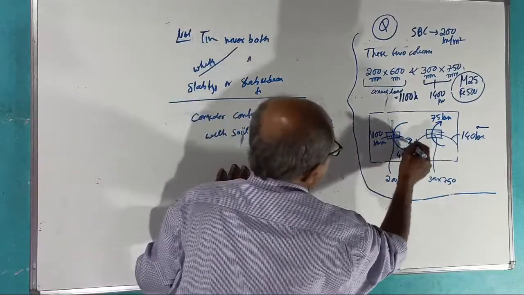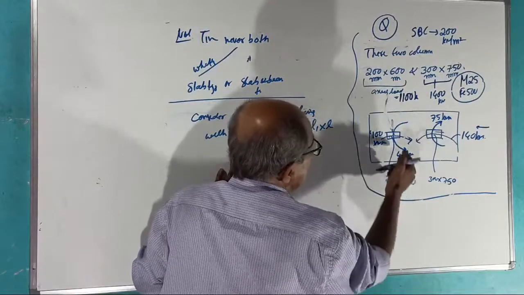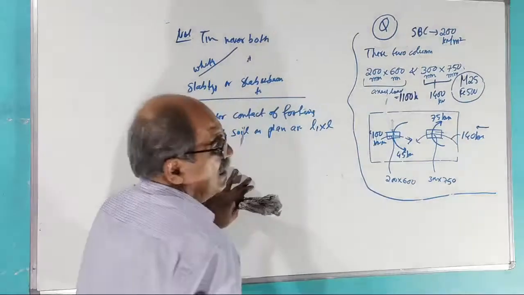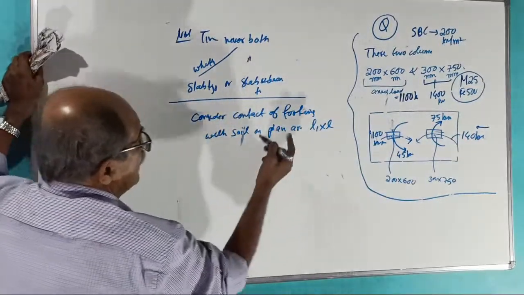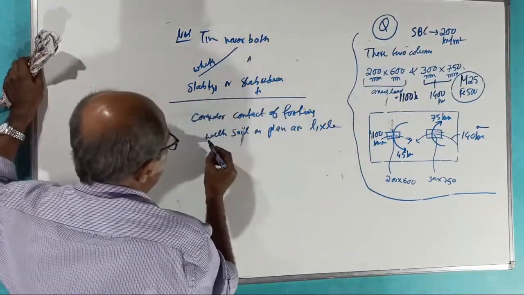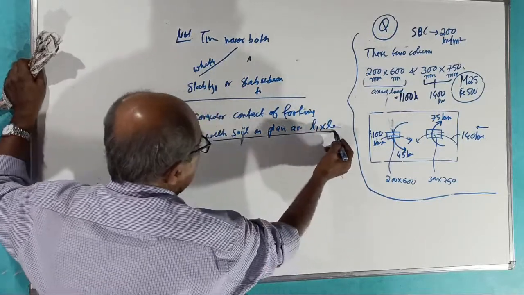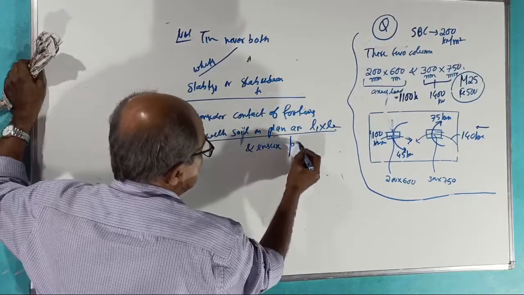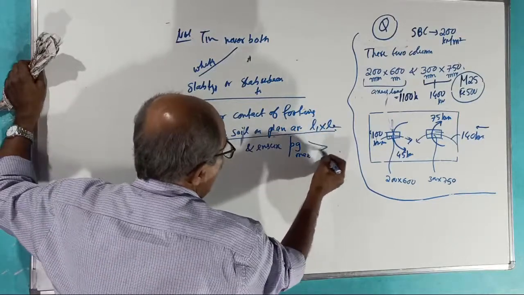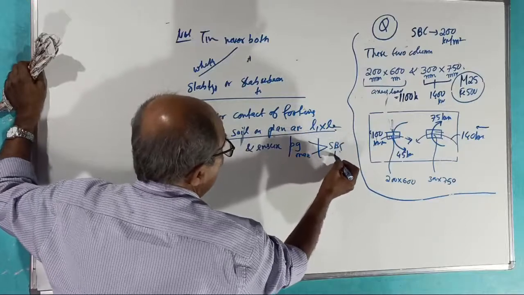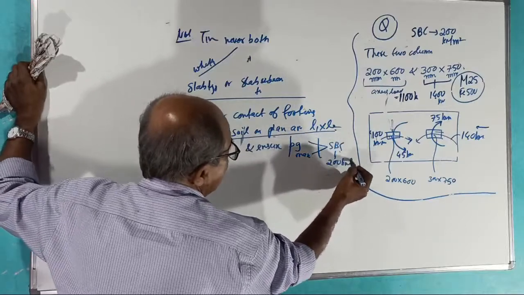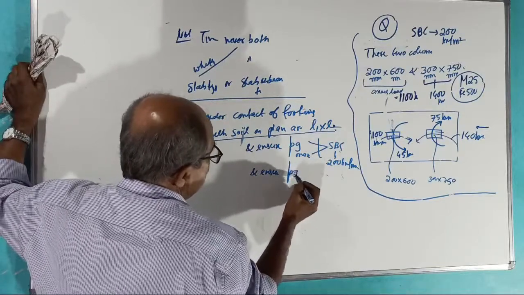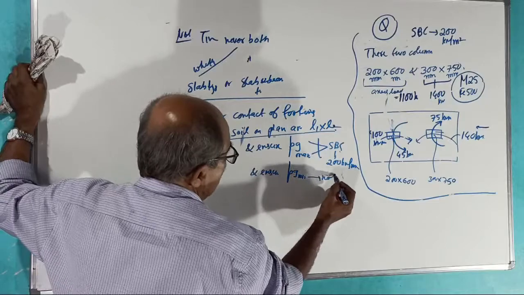I write here now, this is a plan actually. You cannot show moment this way. If you want a 3D view of moment, I will show it here a little later. L1 by L2 with the soil on plan, contact area L1, L2, and ensure PG maximum is not more than SBC of soil of 200 kN per meter square, and also ensure PG minimum is not negative.